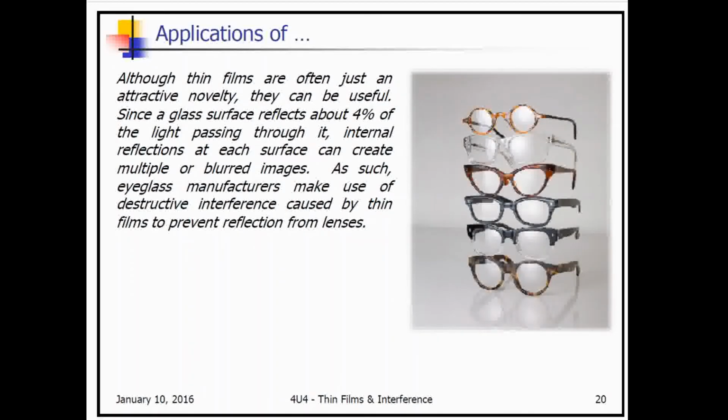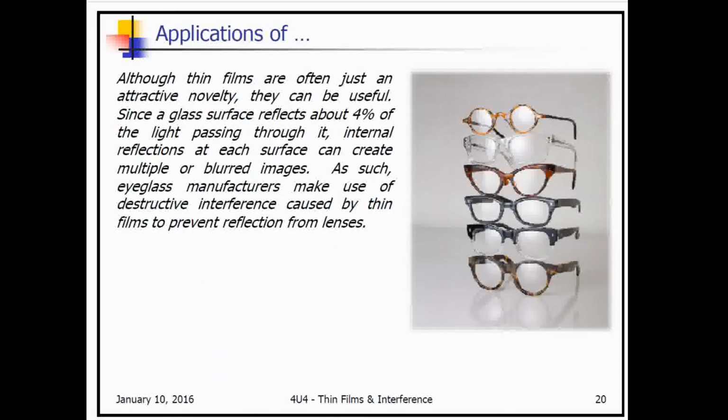So there are novelty uses as well. Thin films are used to make things look like holograms, which people tend to like the look of. Another application is on glasses: thin films can be used to reflect some of the light off the surface of glasses to make it easier to see.